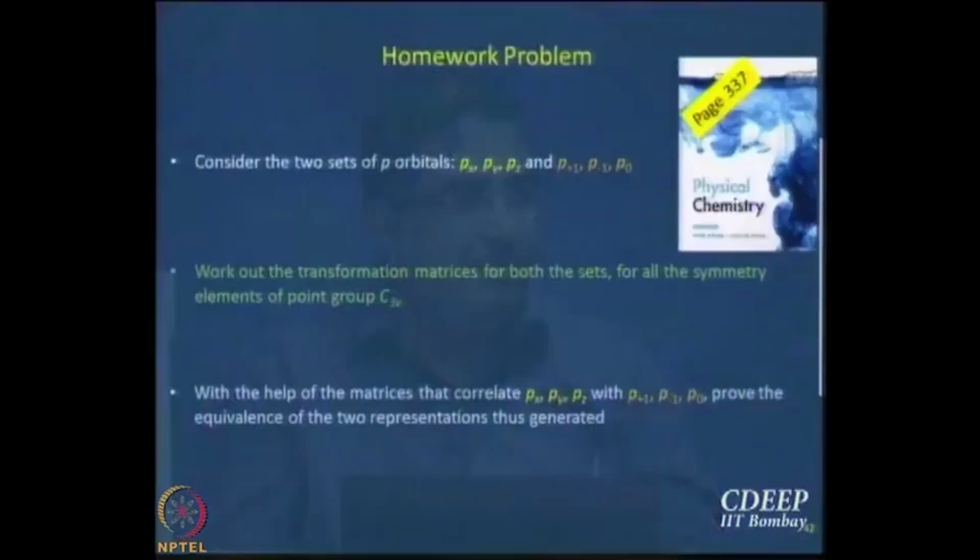Then what will be the next step? In the first step, what have you done? Okay. Next step is this: with the help of the matrices that correlate Px, Py, Pz with P plus 1, P minus 1, P0, prove the equivalence of the two representations thus generated.